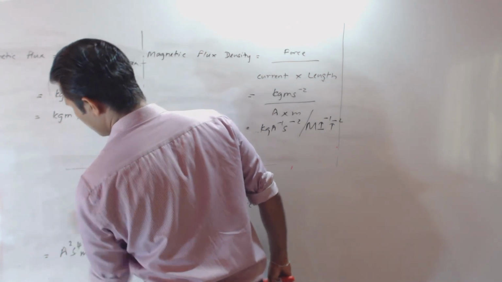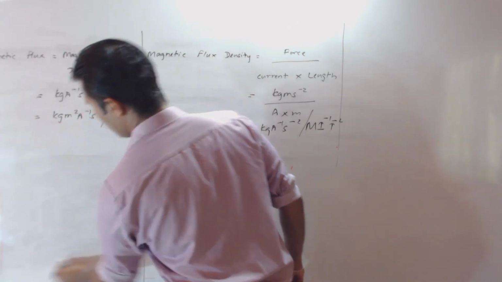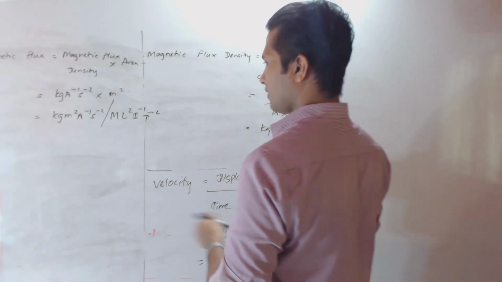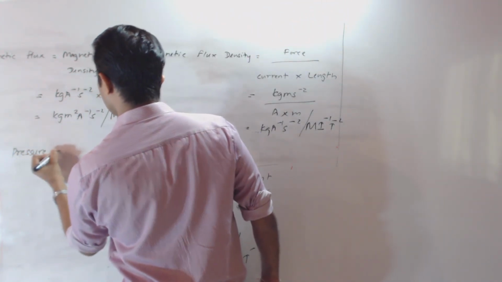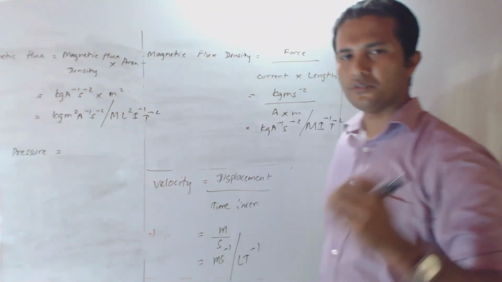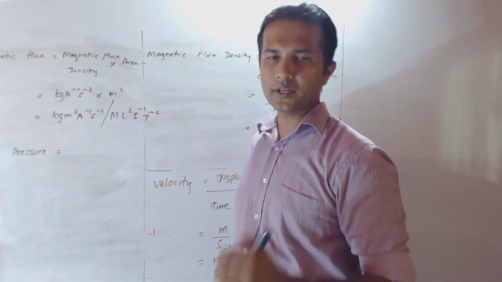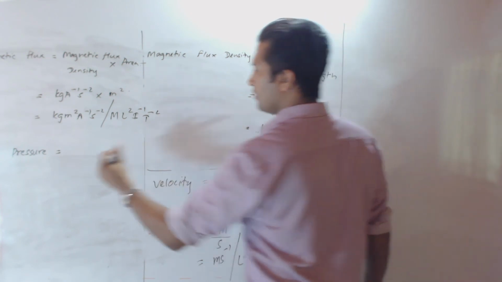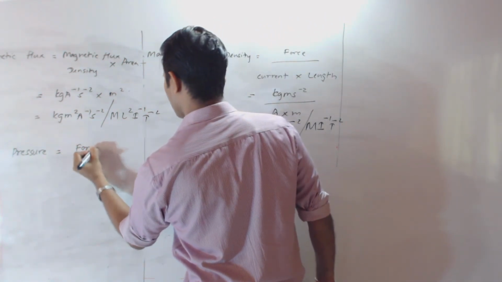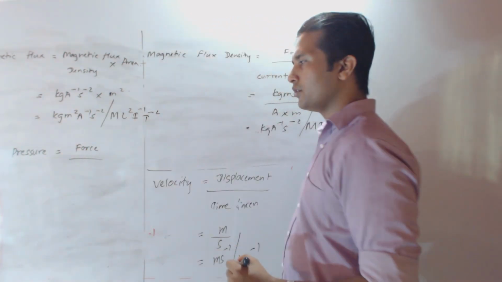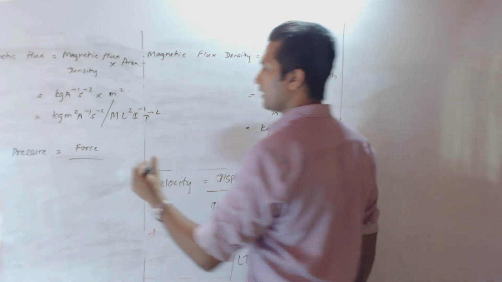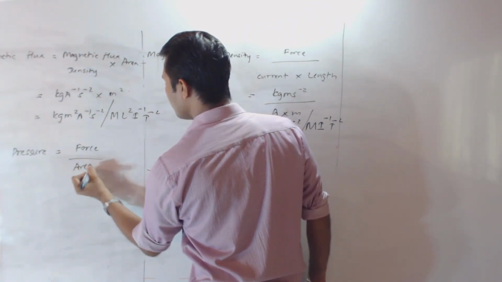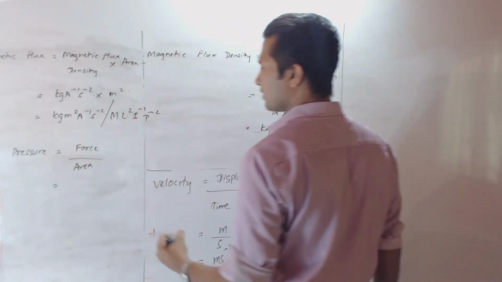Now we can move on to pressure. What is pressure? That is called force per unit area. In order to get the unit of pressure, force should be divided by area. What is the unit of force?